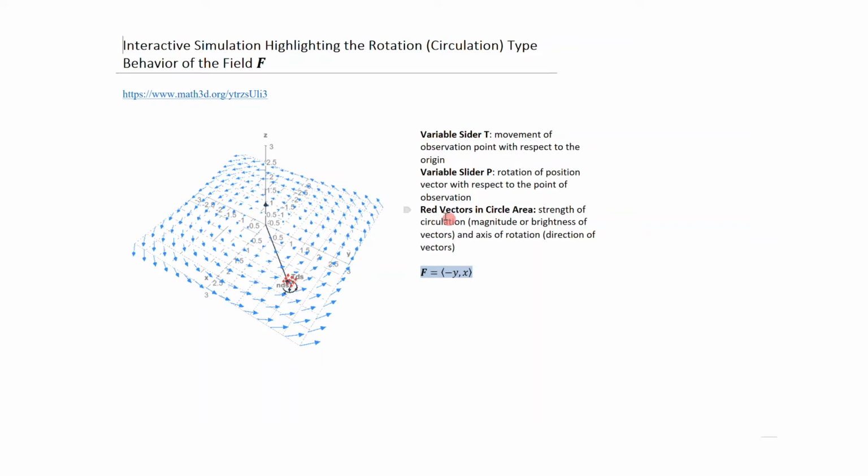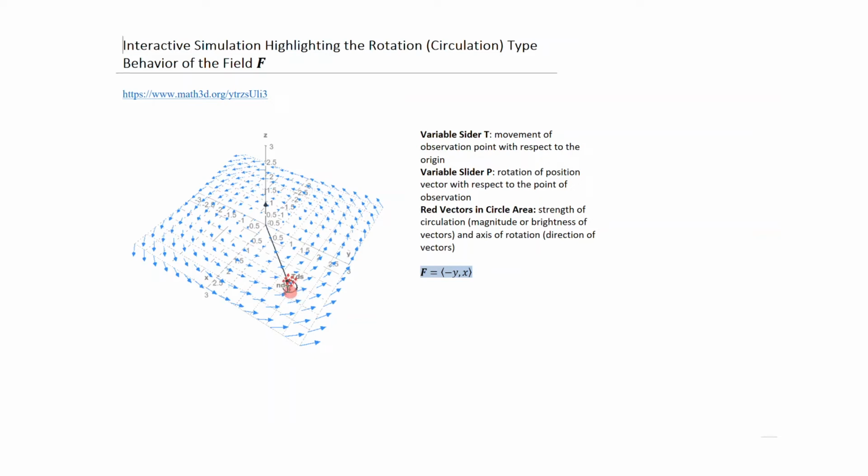All right, and the red vectors that you see pointing upwards represent the strength of circulation, which is the magnitude. In this case, it's the brightness of the vector, and the axis of rotation, which is the direction of the vector. So the circulation is pointing in the z-hat direction, and the color takes on a certain value.